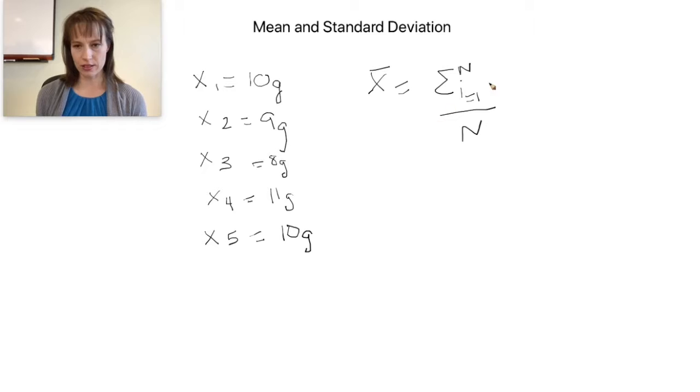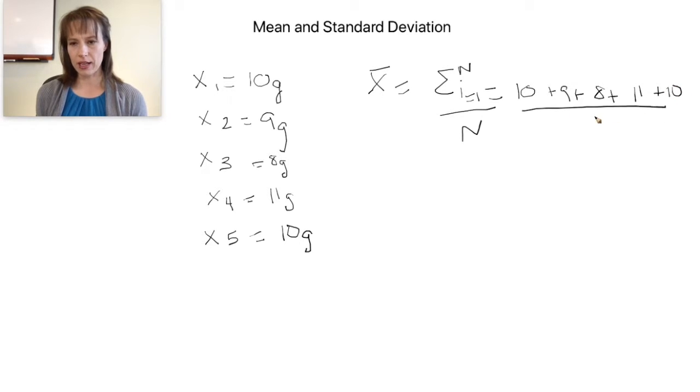So that looks like the average that you probably know how to do, which is 10 plus 9 plus 8 plus 11 plus 10, and we're dividing all of that by the number of samples n, and if we calculate this out, our average or our mean of the samples is 9.6 grams.